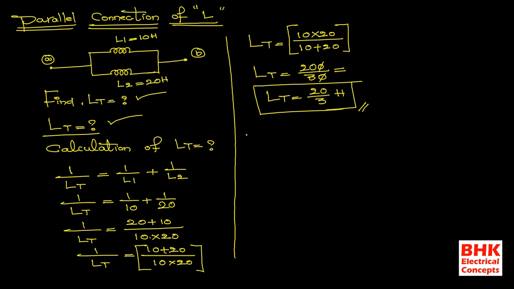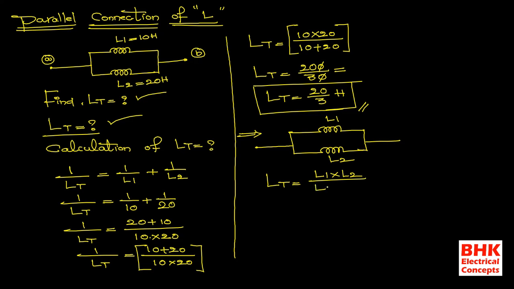Okay, that's why when the inductors are connected in parallel like this, we can directly use this formula. So what is that formula? The total inductance is equal to the product L1 L2 divided by the sum L1 plus L2.